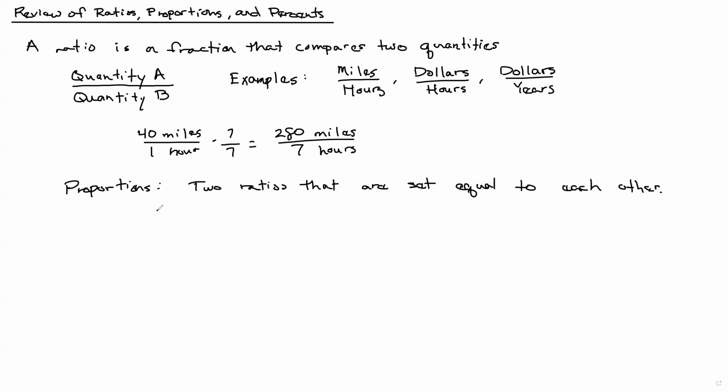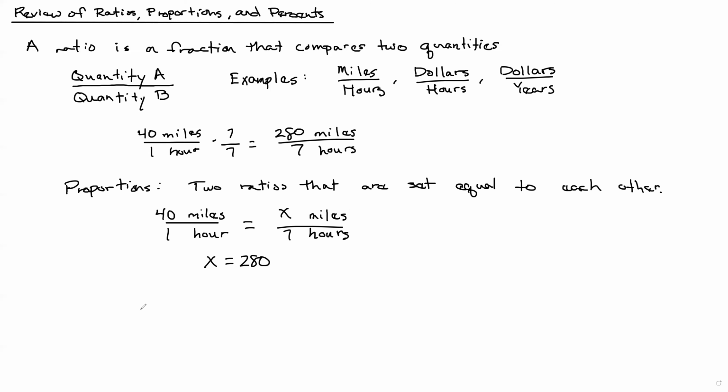You could have 40 miles per 1 hour, and set that equal to X miles over 7 hours. Then you do what's called cross multiplying. 1 times X gives us X, and 40 times 7 gives us 280. So we solve for the fact that you get 280 miles.